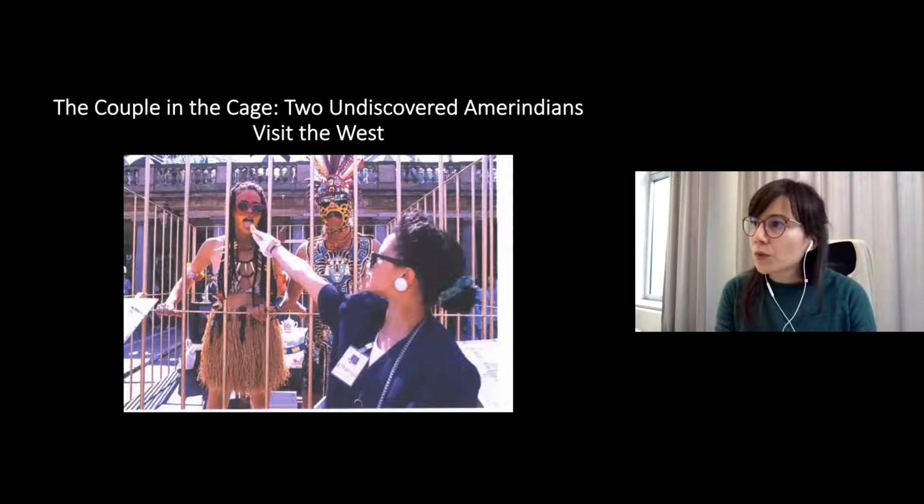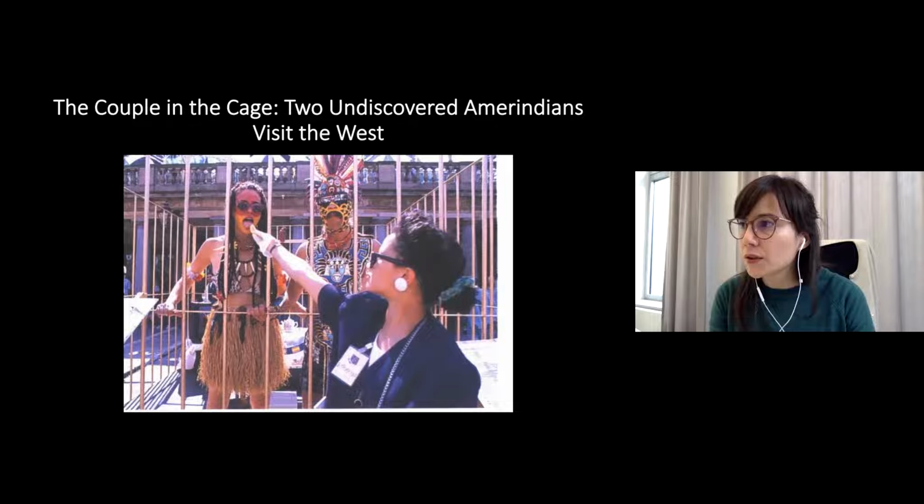One of the most notable presentations was at the Chicago Field Museum of Natural History, an institution with a legacy of displaying human subjects and which was actually built for the World's Columbian Exposition of 1893, a celebration of the 400th anniversary of Christopher Columbus' arrival in the quotation marks New World. The Couple in the Cage was held precisely 100 years later, starting in 1992.